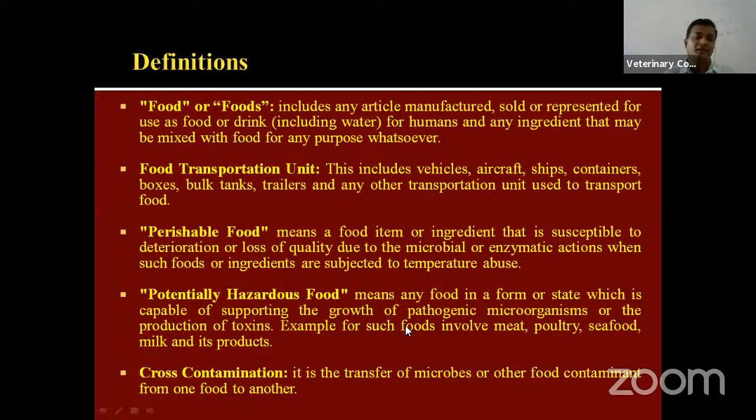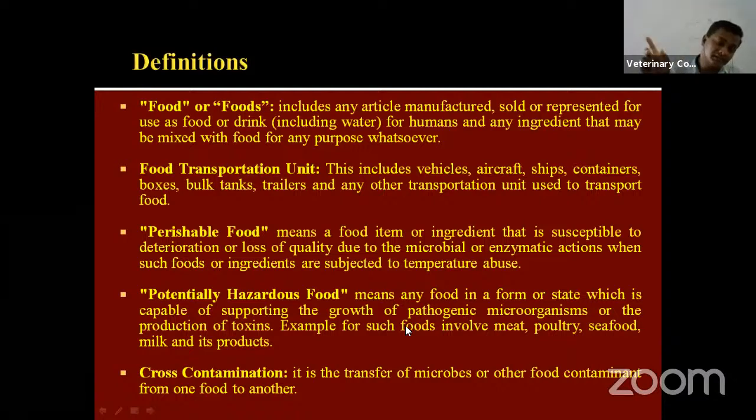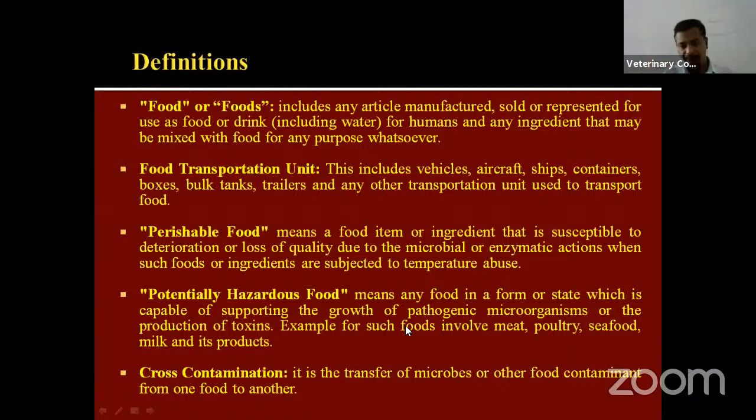At times a mild diarrhea is caused without any major health upset. At times death occurs. So potentially hazardous food is a bit subjective. It is subjective in the way that how much danger or damage is caused by this hazardous substance determines the amount of penalty.